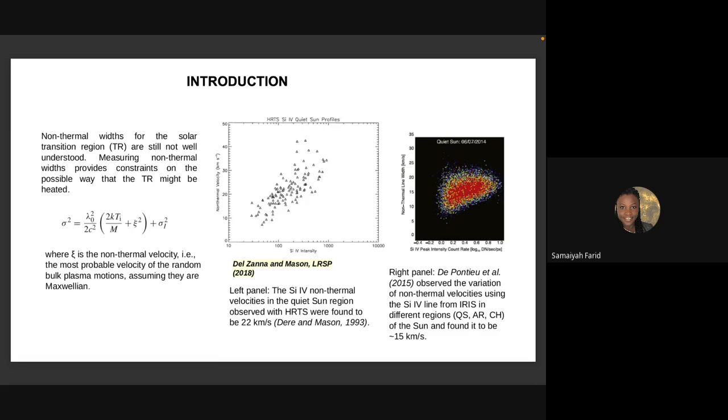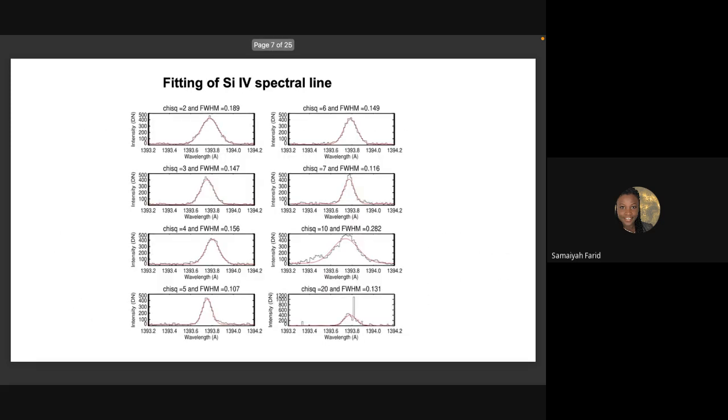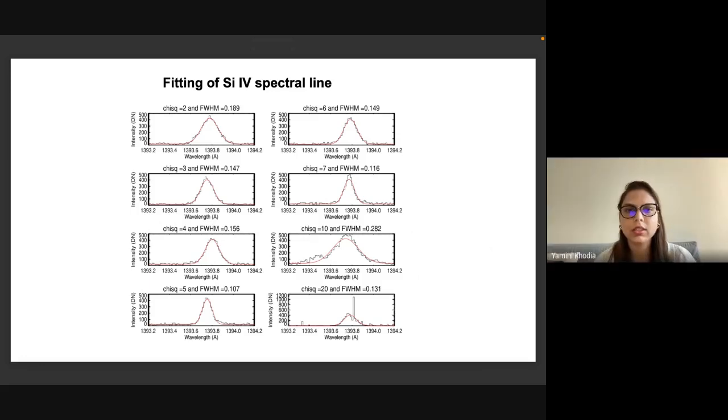My question is sort of related to the distributions that were also not fit perfectly with the Gaussian. Some of them are double peaked, for instance, that chi-square 10. Do you know where these pixels are spatially in your observations along the slit? Yeah, so as I told you, this condition of chi-square less than 5 does take away 20 to 30% of the locations.